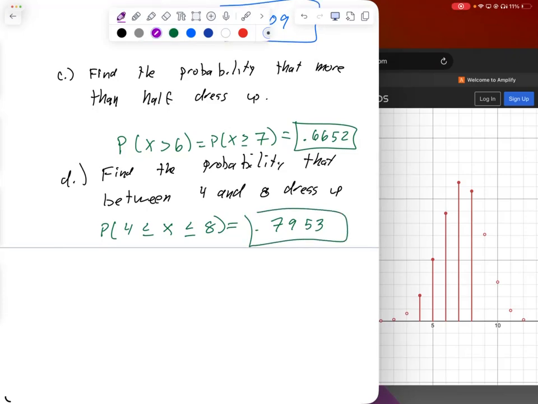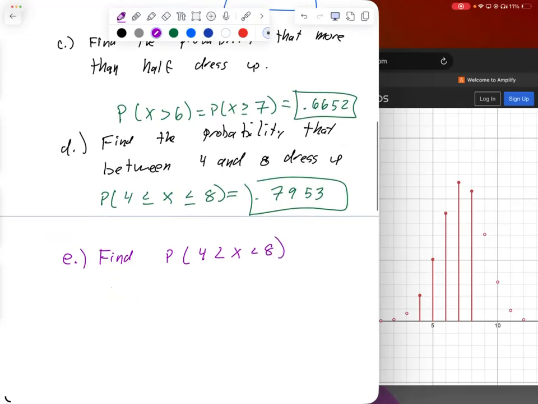Now on this last problem, because this was on your do now, I wanted to show you. Find the probability that 4 is less than X less than 8. Now this is a different problem.